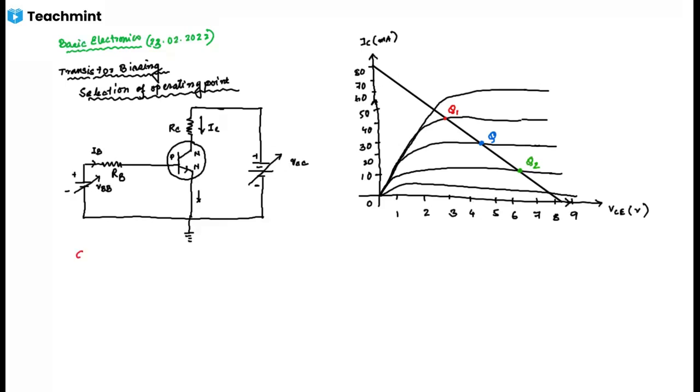So case 1, that is Q1. If Q1 is the operating point, what will happen? Then Q1 will lie near to the saturation region. You know, this is the saturation, this is the active, and this is the cutoff region. We have seen it earlier. So this is our saturation.